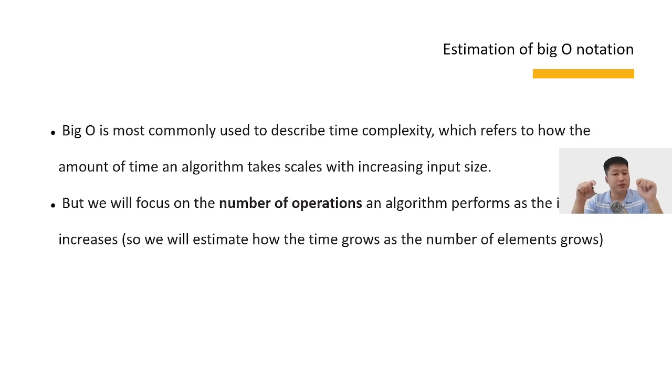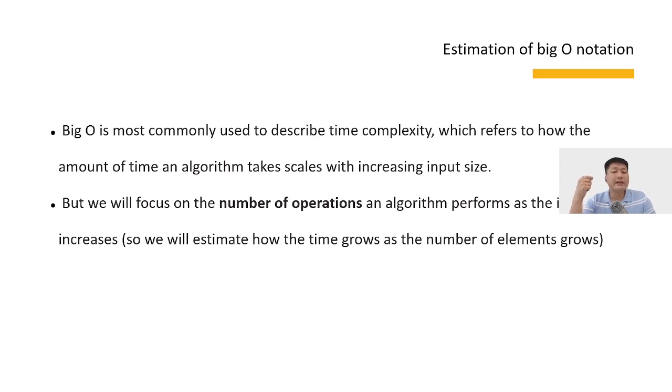Let's say the first computer runs it in 3 milliseconds and the second in 10 milliseconds. So you cannot estimate the work of this algorithm because different computers give you different times. That's why it's not okay to estimate it using time.